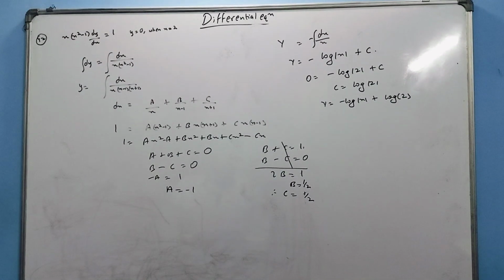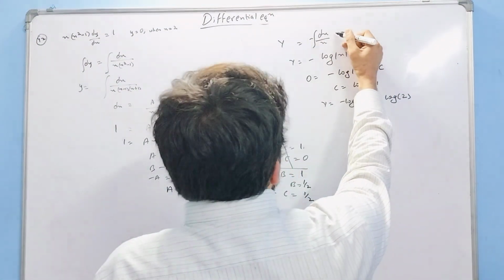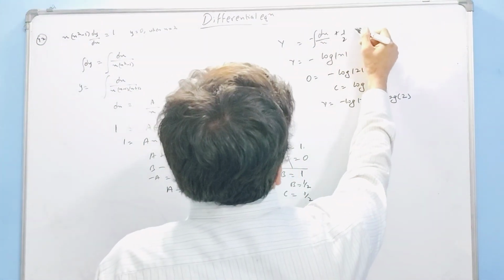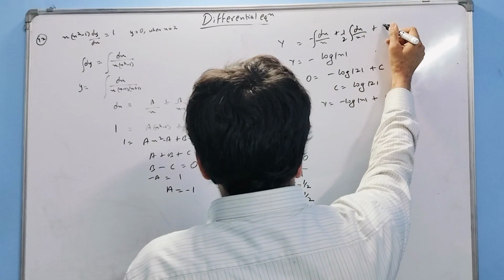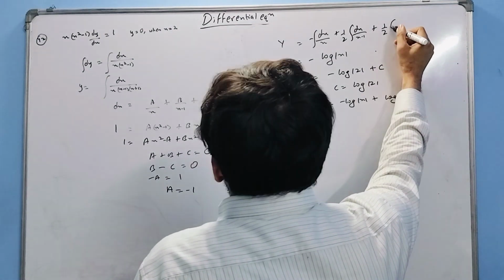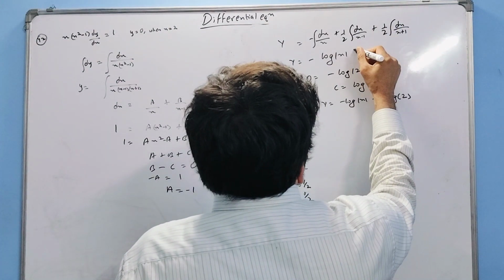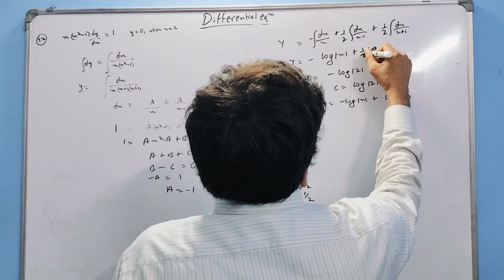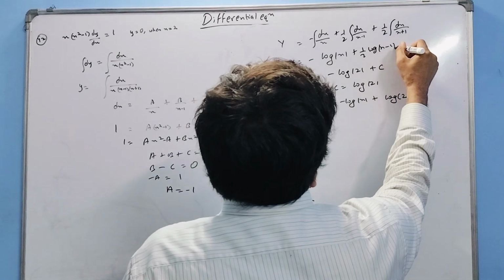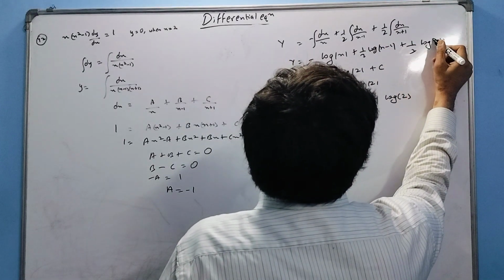Now let us see here, b is half, so I got d of x minus 1, and c is also half, so I got dx upon x plus 1. So here I have y is equal to half of log (x minus 1) plus half of log (x plus 1) plus c.